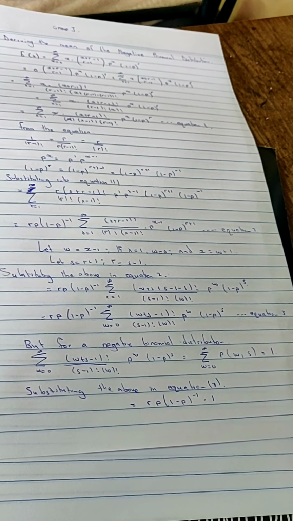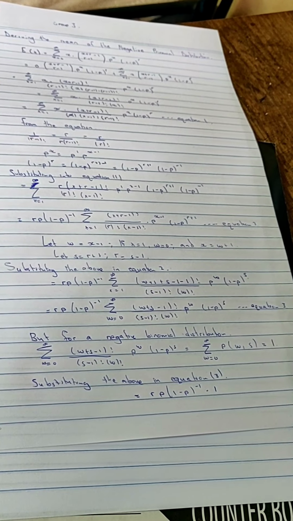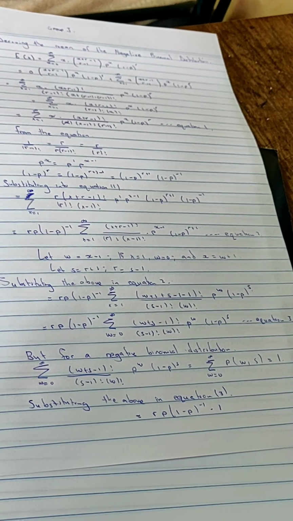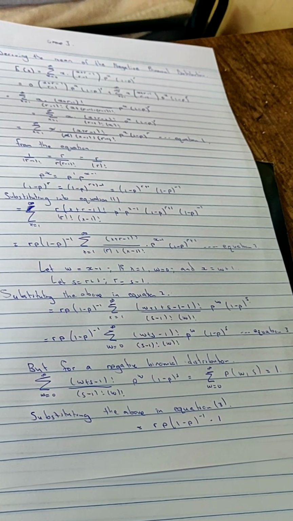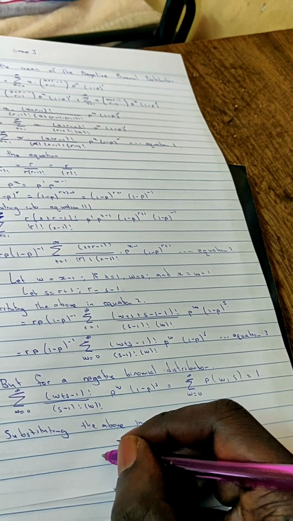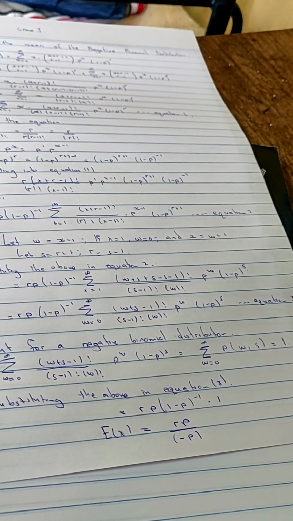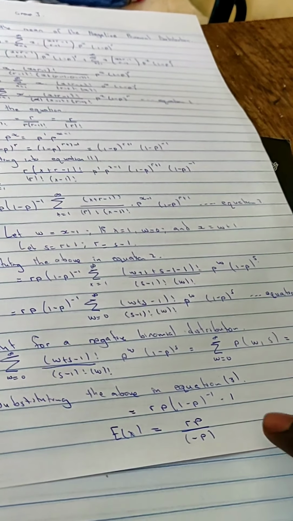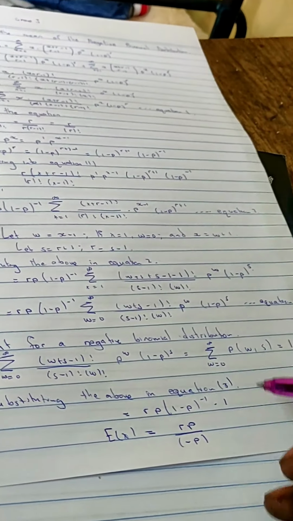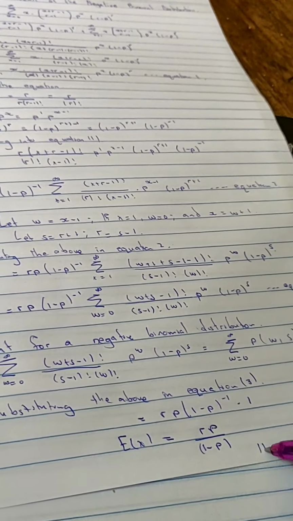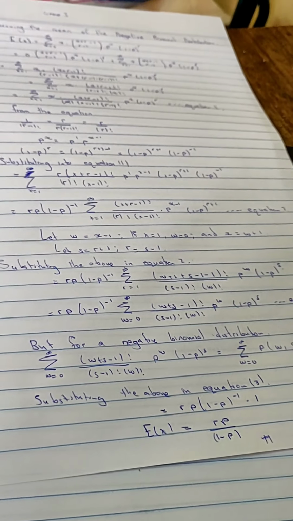After substituting in equation 3, we find our final expression for the mean of our negative binomial distribution, and our mean is going to be equal to rp over 1 minus p.